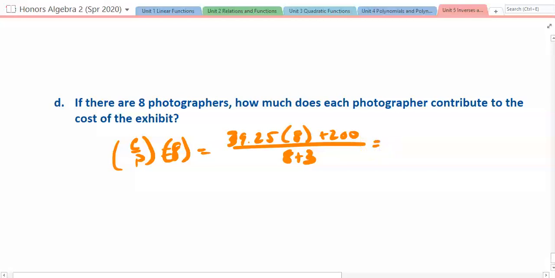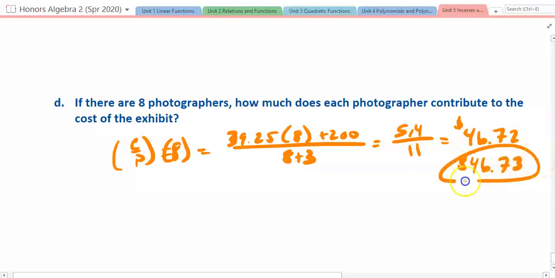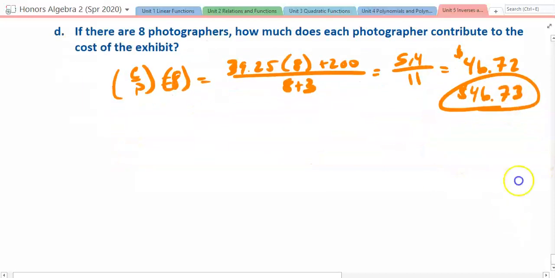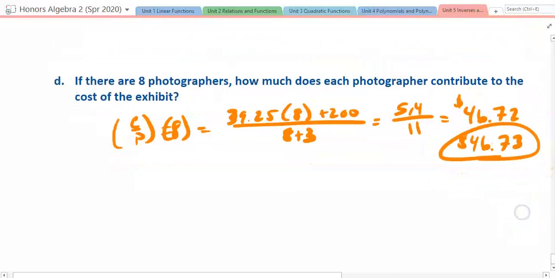And so that's going to give us 514 when we combine all this together over 11. And dividing that, 514 divided by 11 is going to give us $46.72 and then 72 repeating cents. And so really we're going to round that up to $46.73.